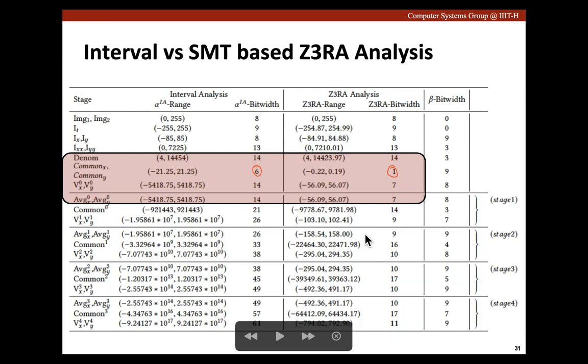If you use interval arithmetic, you might as well use floating point numbers rather than a 49-bit fixed point number, and that too is just the integral part. But if you look at the corresponding SMT solver based approach, we just require 10 bits, 17 bits, 11 bits, and so on and so forth.